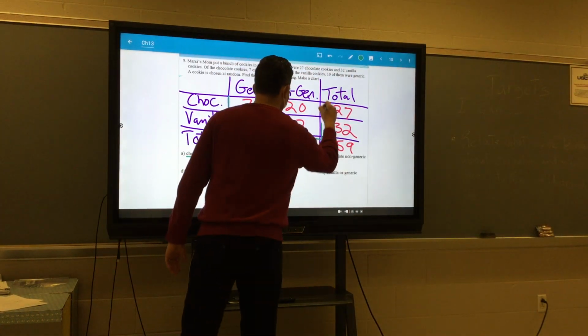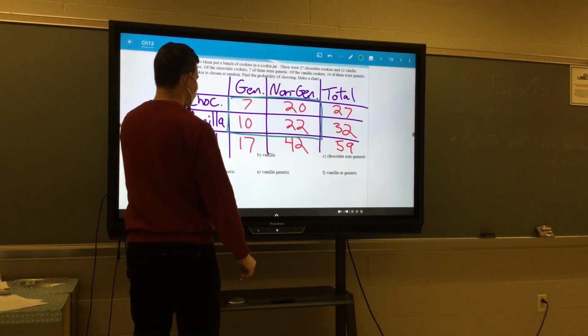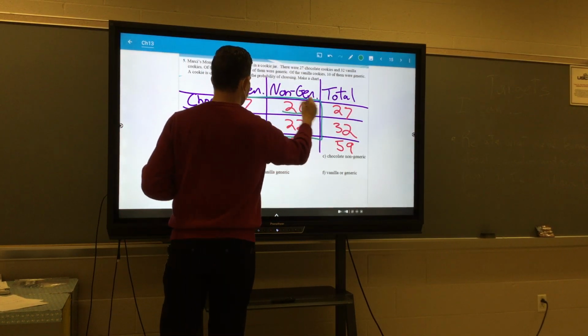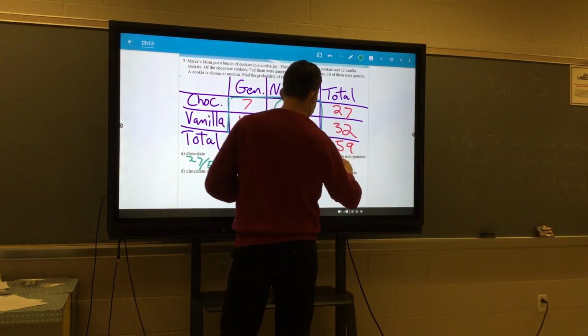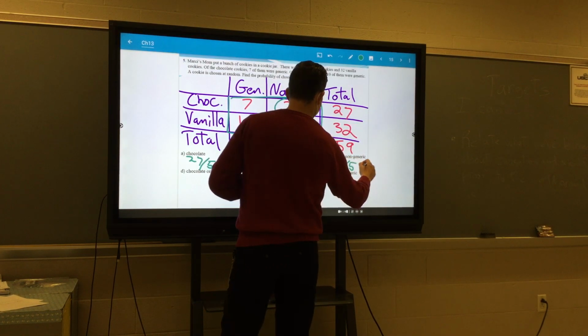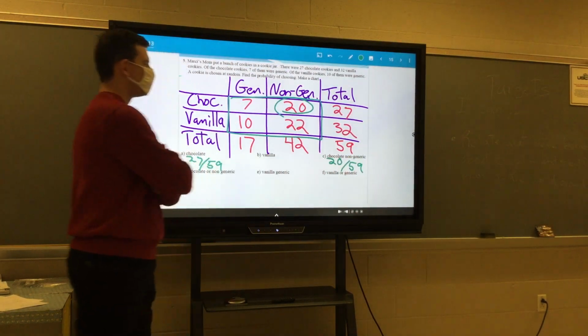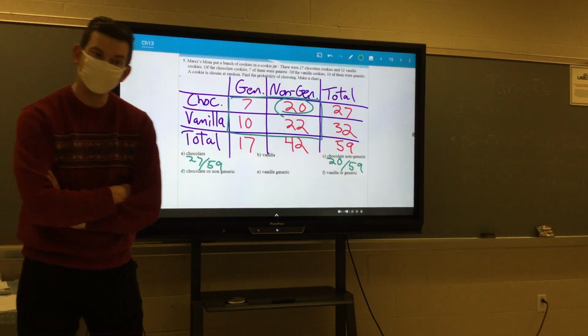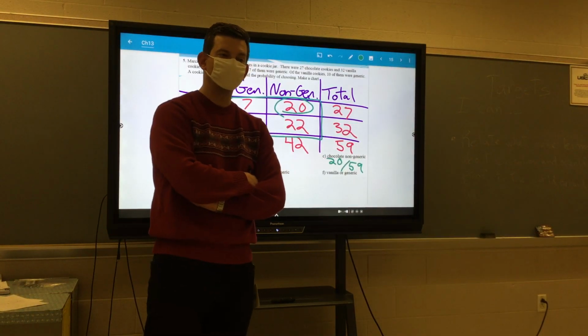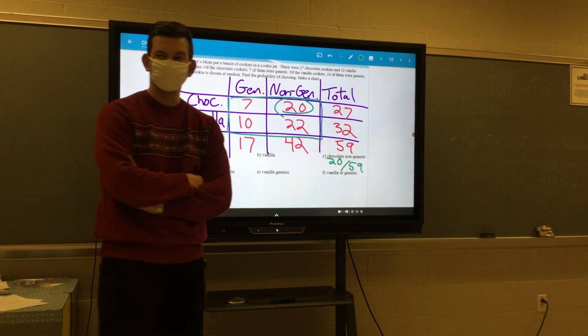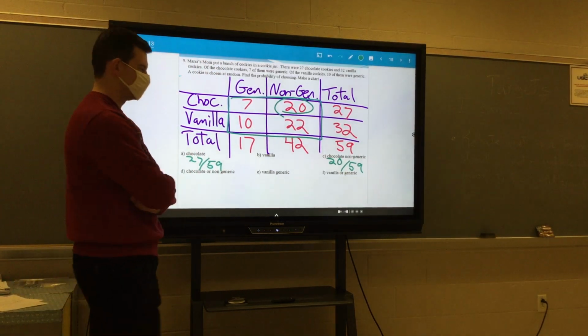Remember, everything fell into one of these four quadrants. We want chocolate, non-generic cookies, of which there are 20 out of 59. If we didn't make the chart, then we're relying on the equation and making it uglier and messier.